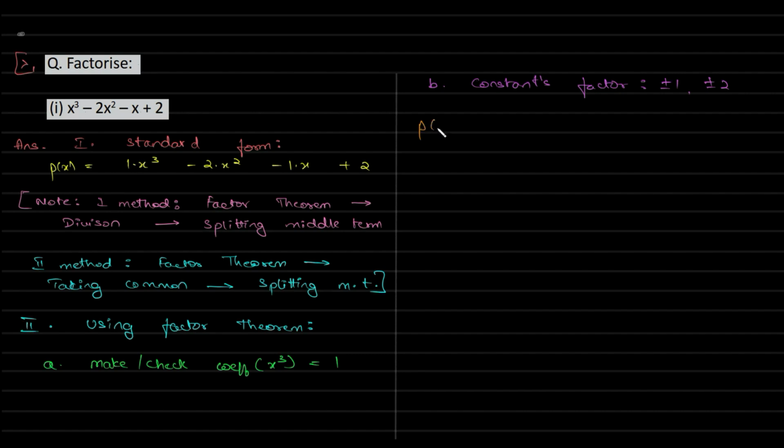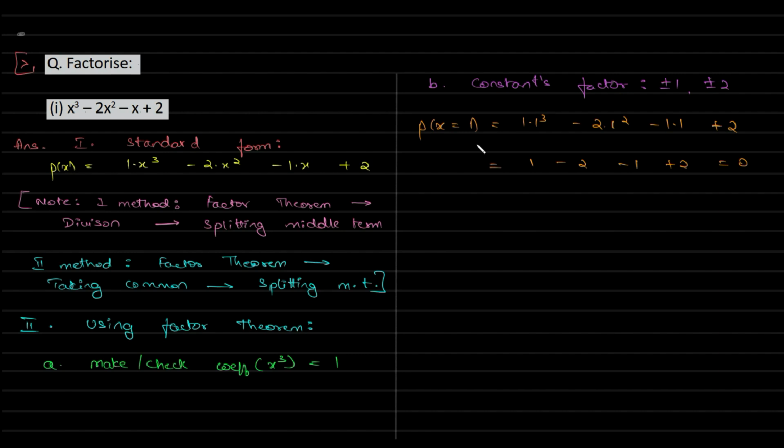Now out of these 4 numbers, pick one which you think can make this entire expression 0. That is p of x is equal to, what do you think will make it 0? I think 1. So 1 into 1 cube minus 2 into 1 square minus 1 into 1 plus 2. Further solving it, 1 minus 2 minus 1 plus 2, which is equal to 0.